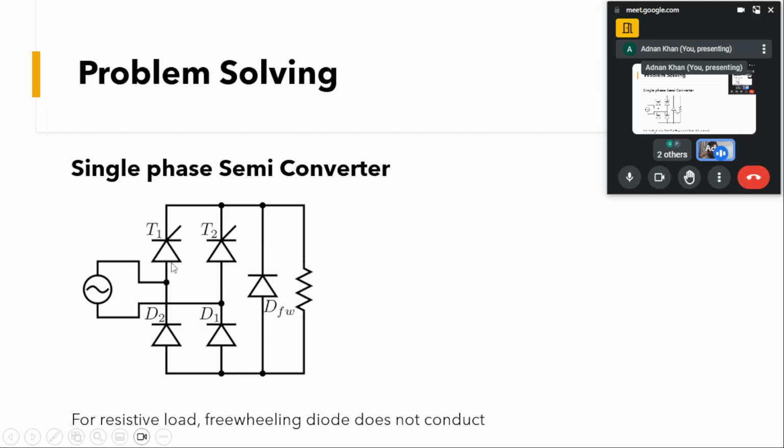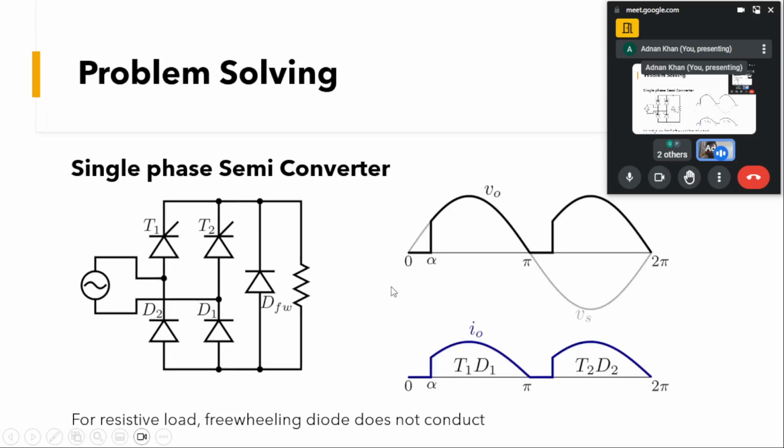Now we have to see for how long these thyristors will conduct. At alpha the switches are turned on, and when the voltage tries to become negative, the current will be zero, because after a certain alpha time the pulses are given to the other switch and diode, and they start conducting.